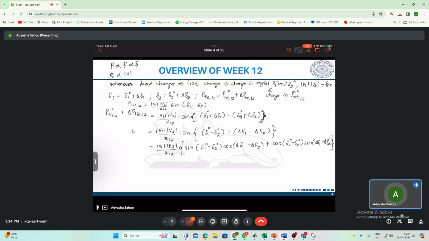Now we'll do some approximations. If we take that del delta 1 and del delta 2 are small, then the difference will be further smaller. So cos of del delta 1 minus del delta 2 will be nearly equal to 1, and sin of del delta 1 minus del delta 2 will be del delta 1 minus del delta 2.